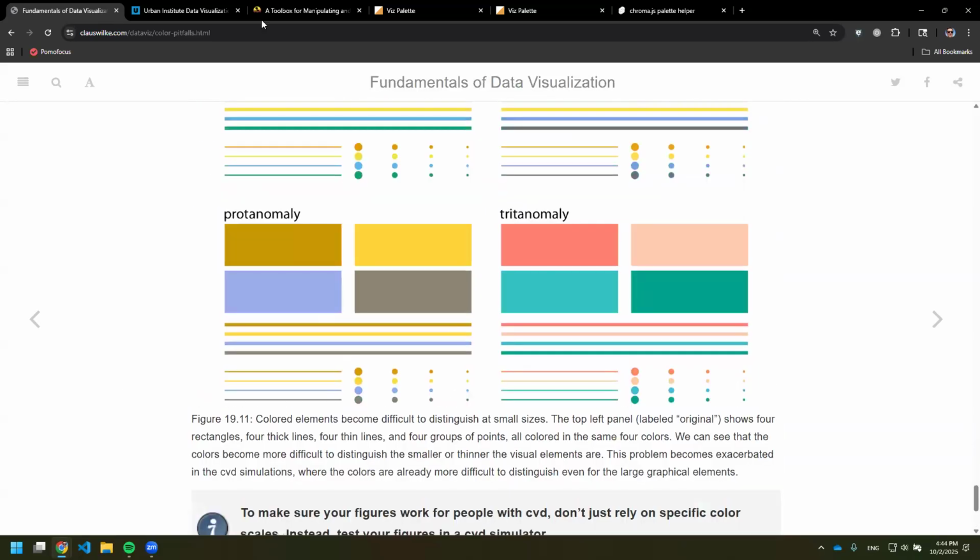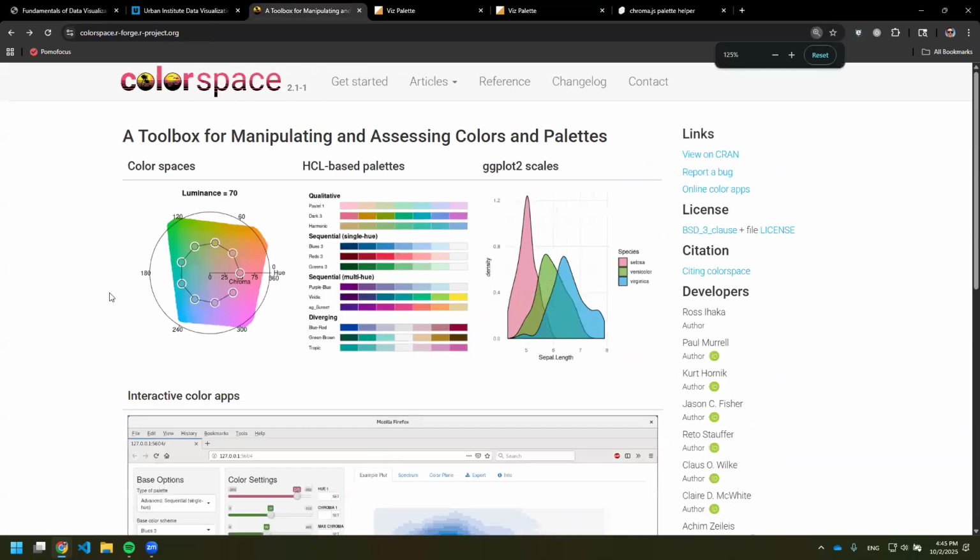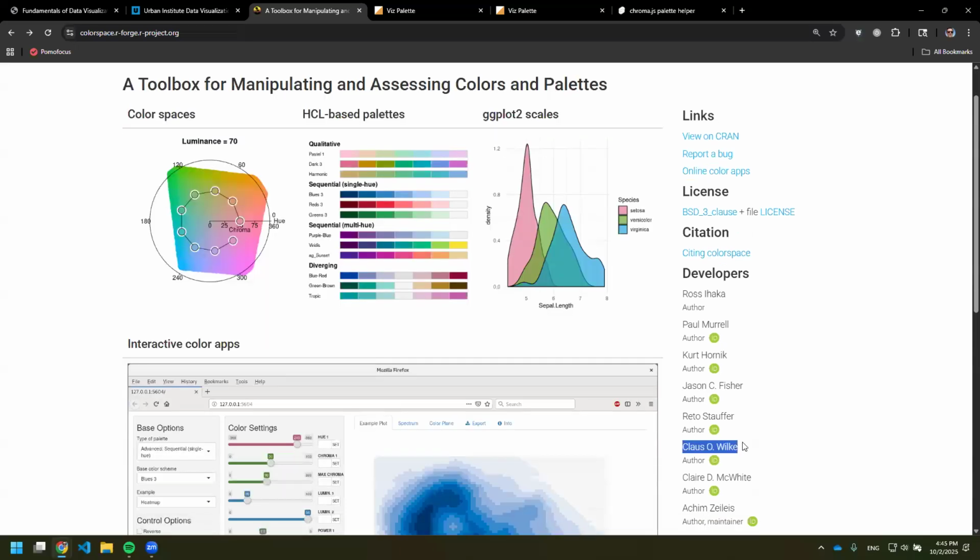I wanted to point to a couple of resources that I found really quickly and tried to use in some work that I was starting. I can drop these resources in chat if you deem them useful. One, which I was really surprised didn't make the cut in terms of references, is this package called colorspace. I was surprised it wasn't there because you'll notice a familiar name among the developers.